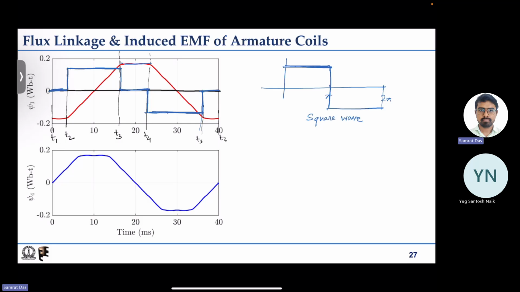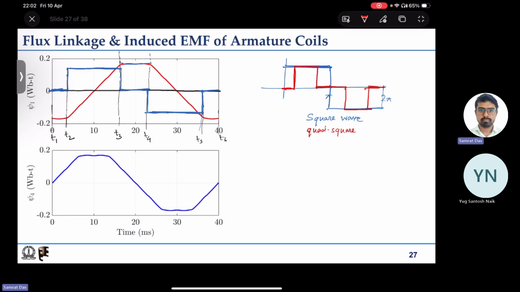But if it is square with some zero durations in between, this type of waveform is known as quasi-square, because it is square but has added zero durations.